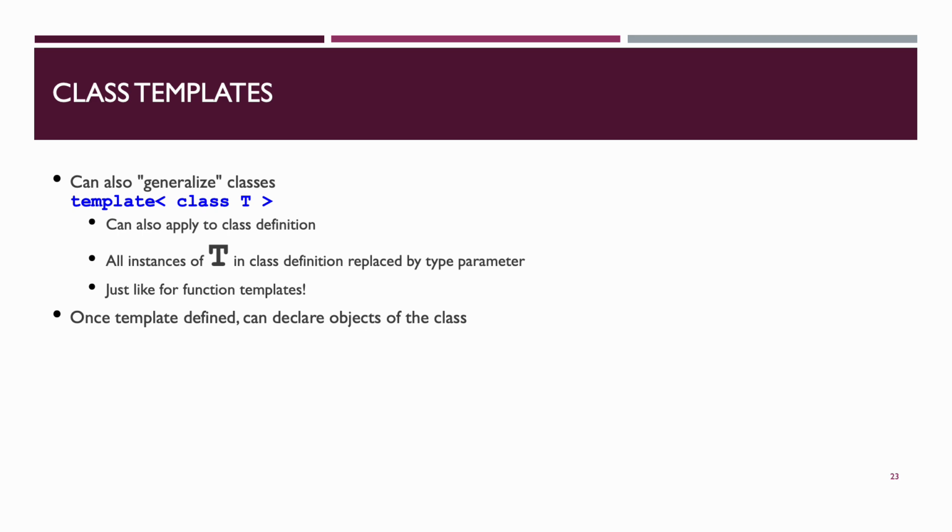So once a class template is defined, you can declare objects of this class by specifying the type. This allows the creation of classes that can work with any data type, making the code more flexible and reusable.